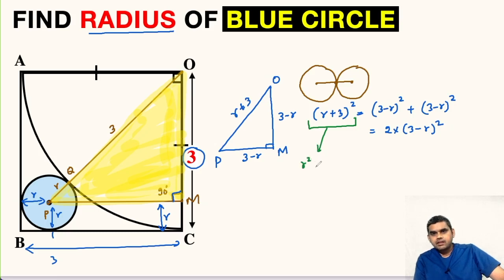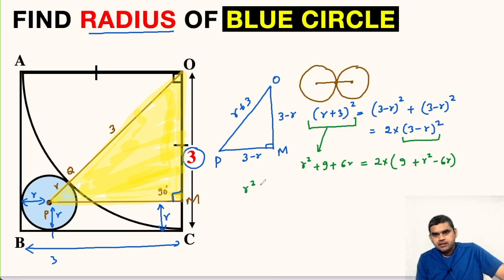So this will be R square plus 9 plus 6R is equal to 2 times, we will use a minus b whole square identity. So we will get 9 plus R square minus 6R. So this will be R square plus 9 plus 6R equals, we will multiply 2. So this will be 18 plus 2R square minus 12R.